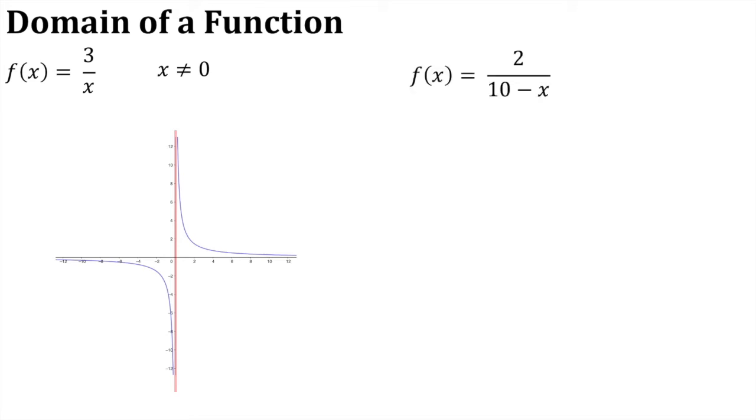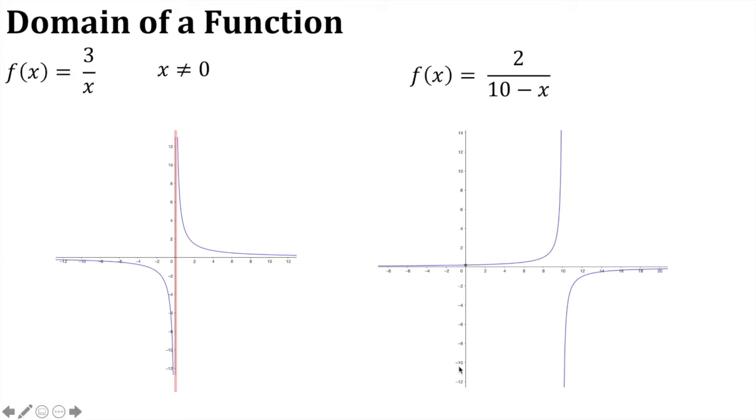So here's an example here, f of x is equal to 2 over 10 minus x. Now if we have a look at that graph, it has some similar features to the first one, and you might notice again it's never going to hit the x-axis. It does hit the y-axis this time. What you might notice, if I put in the line x equals 10, is it going to hit that?